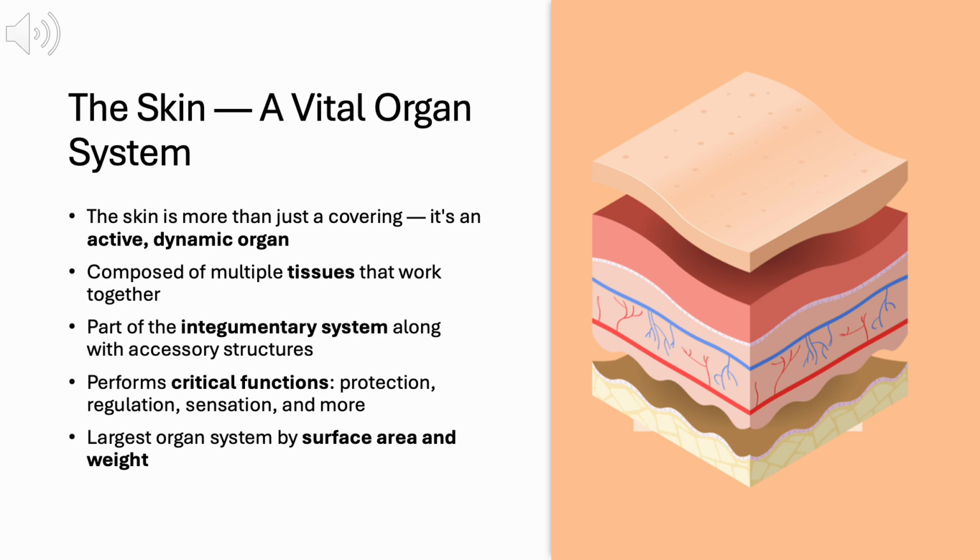In an adult, it covers around 1.5 to 2 square meters and makes up approximately 16% of total body weight. That's an impressive footprint for something we often overlook. So as we continue through this unit, keep in mind, the skin is not just a passive barrier. It's a vital and dynamic organ system, essential for survival.